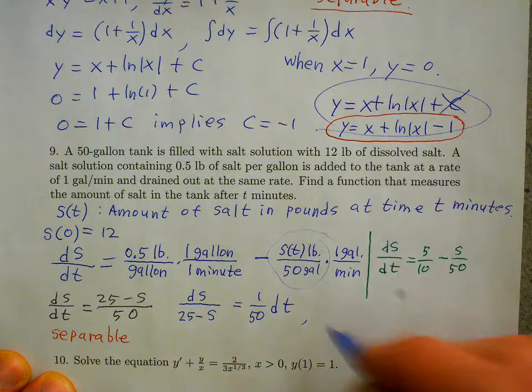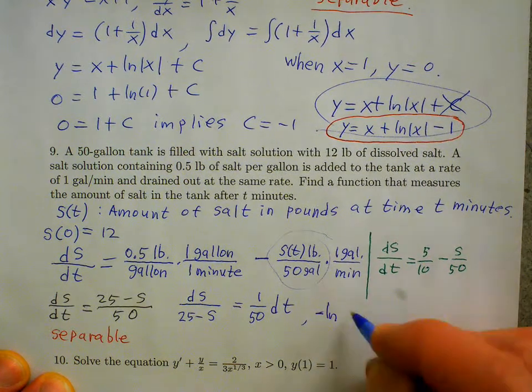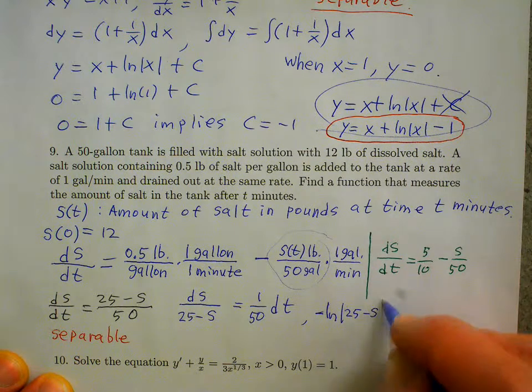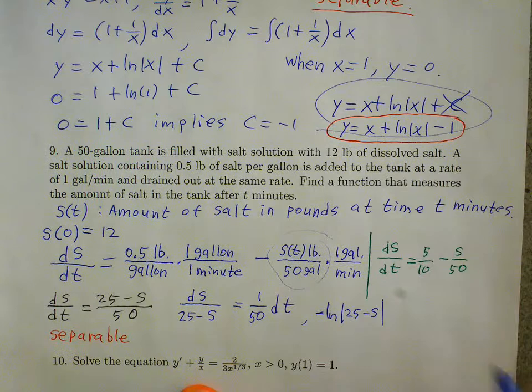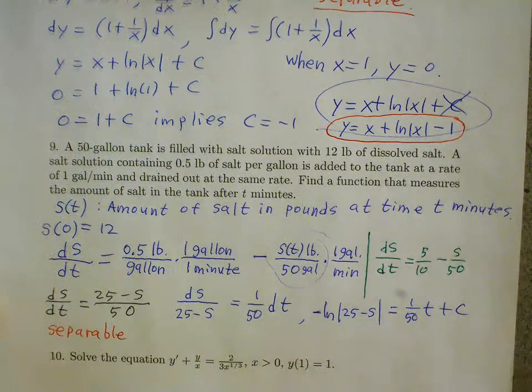We're going to get the negative of the natural log of 25 minus s. And on the right-hand side, we get 1/50th t plus a constant. So I need more space, so I'll continue this on another piece of paper here in a second.